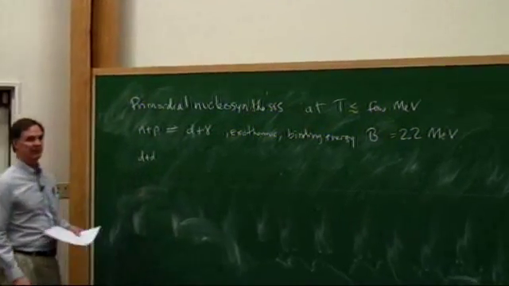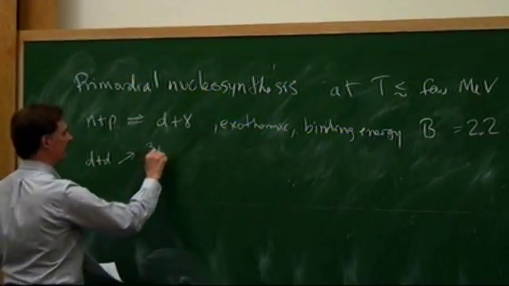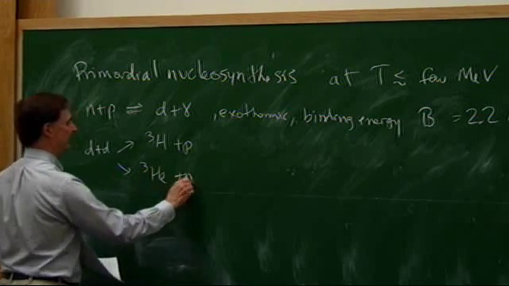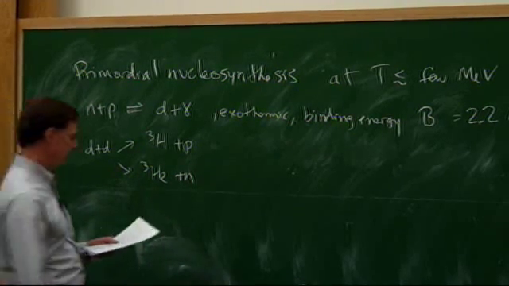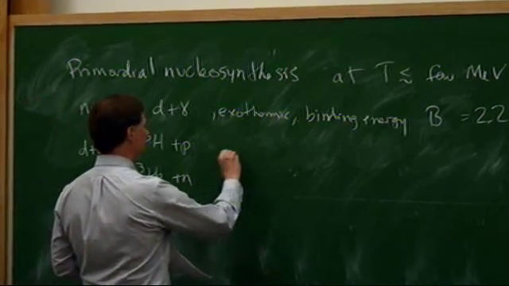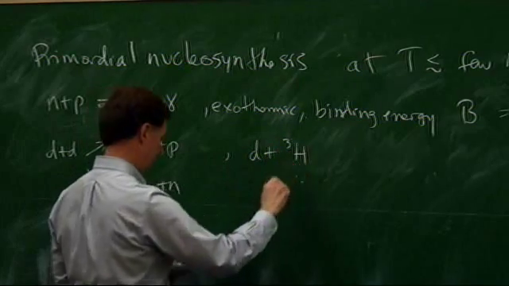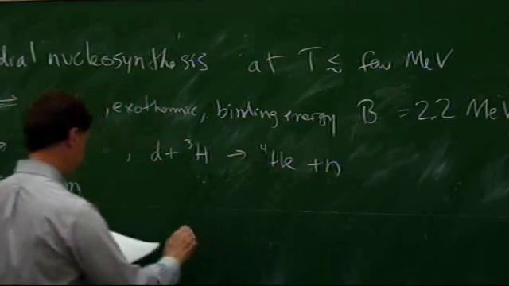And the deuteron is an important catalyst, really, for the production of heavier nuclei. Deuterons will produce tritium or helium-3, and then tritium and helium-3 will go to helium-4 plus a nucleon.